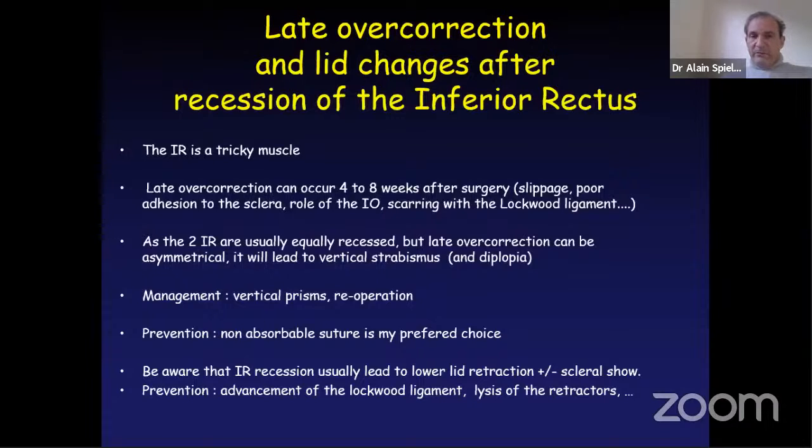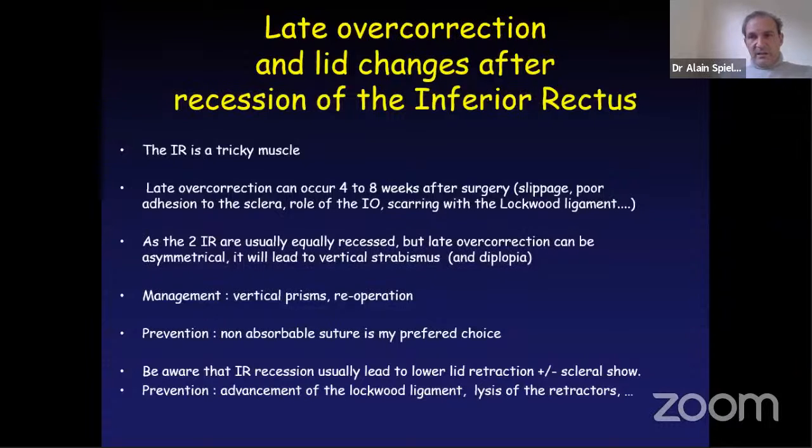Be aware that the inferior rectus recession usually leads to lower lid retraction, and to be efficient on nystagmus, you will have to do a large amount of surgery. So you may have a large lower lid retraction.